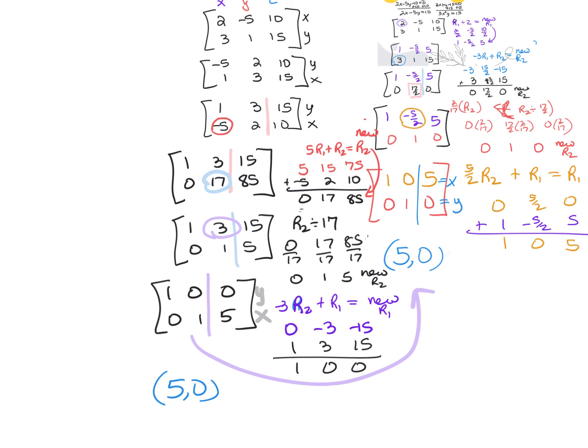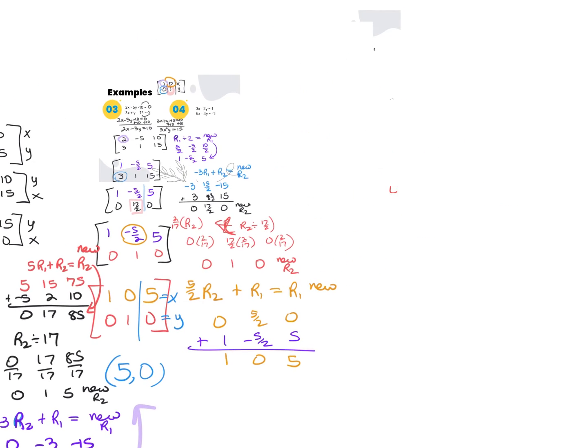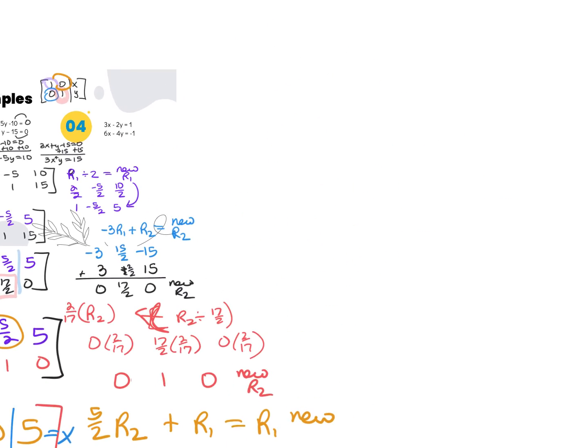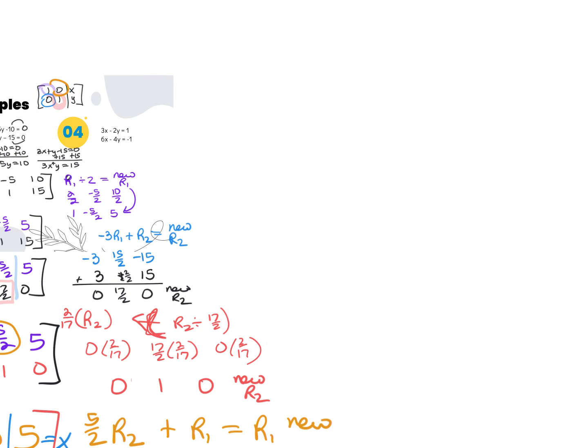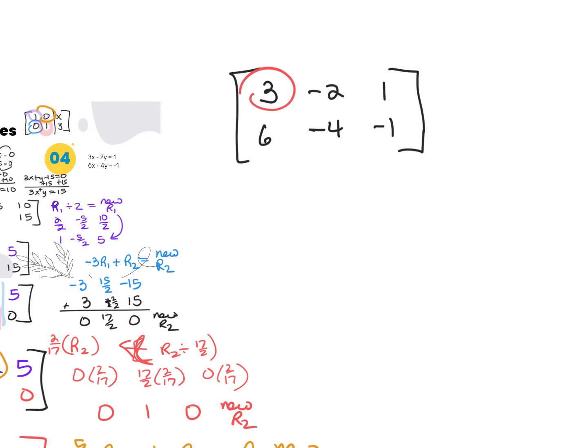Let's try example 4. And let me just come over here and rewrite it. So I'm just writing in the coefficients. So 3, -2, +1, 6, -4, -1. Okay, so again, my first step is to change this 3 to a 1.